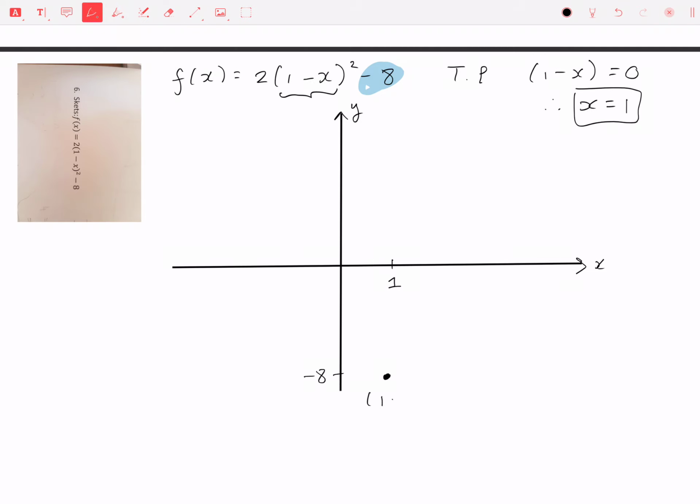I see my a value here is positive 2, so my a is bigger than 0, so it is a shape like this. Okay, so I know when I sketch my graph, it's going to look like that. Then you can find your y-intercept and your x-intercepts, using the same idea as above.